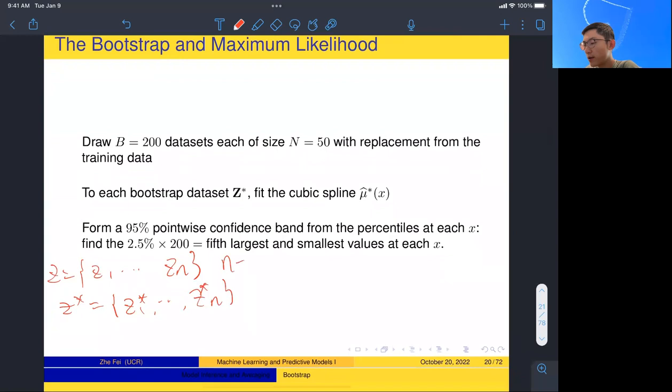So for example here, we have n is 100. Now we would repeat this capital B times. And there's no restriction that capital B should be less than n. Essentially, capital B is not related to n in general.